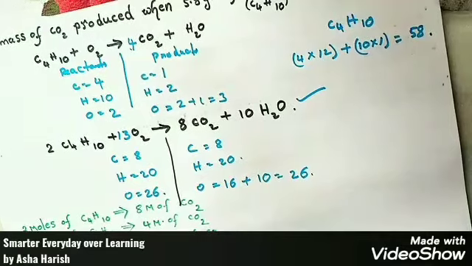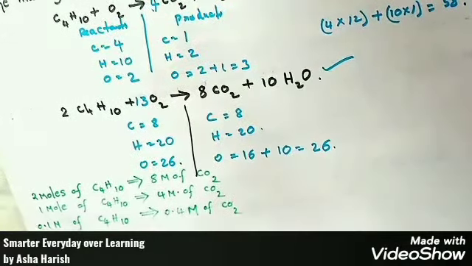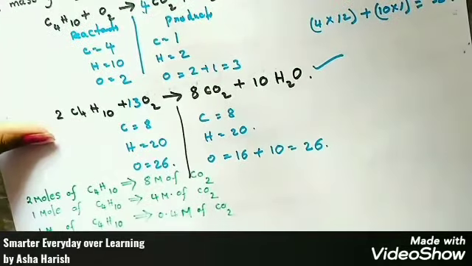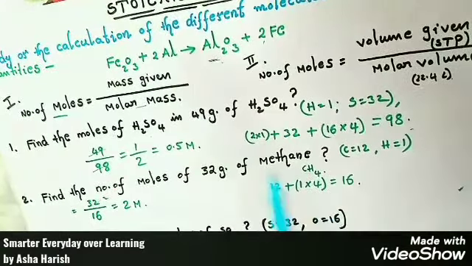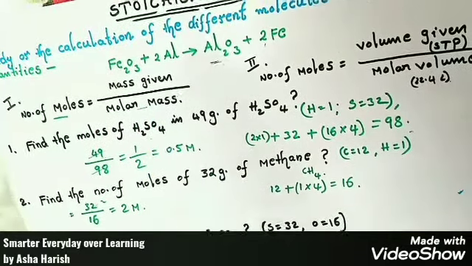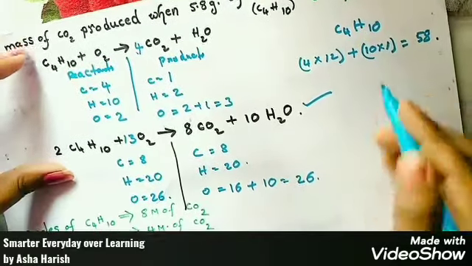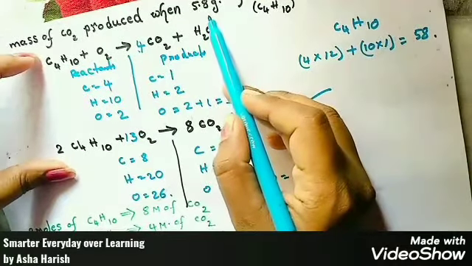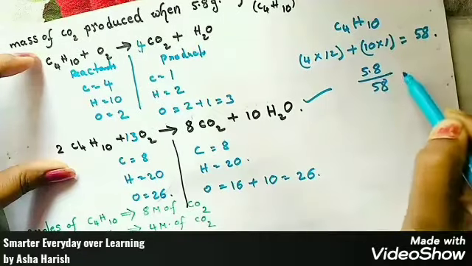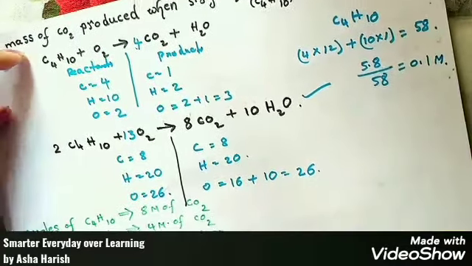So students, how did we get 0.1? By using the first formula: number of moles equals mass given by molar mass. The mass given is 5.8, they have given already. 5.8 divided by 58, we finally get 0.1 mole, students.